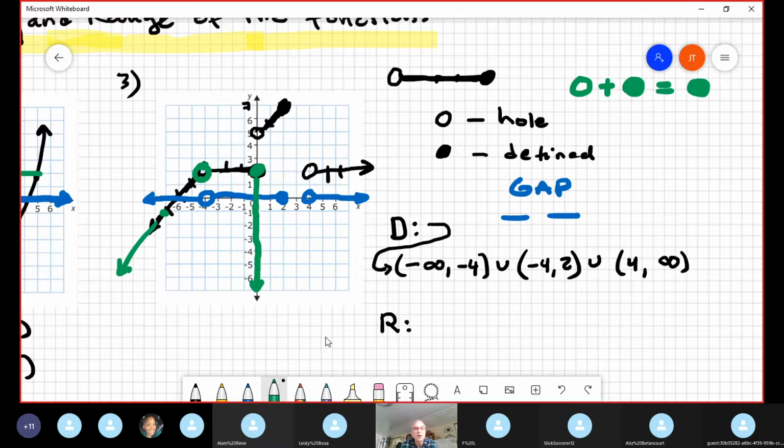Remember, we are talking about y value. So let me try. It's from negative infinity, comma, 2, and it includes 2 because it touches physically here. Union. Let me see.